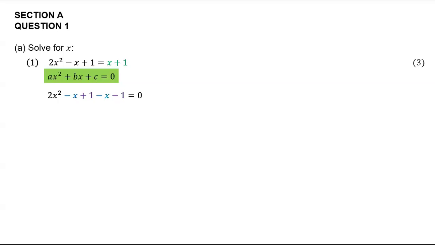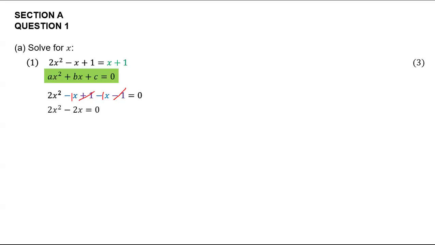You add the coefficients and you keep the variable as it is. So 1 plus 1 will be 2. So we're going to have negative 2x. When it comes to 1 and negative 1, they cross out, not really cross out, but 1 minus 1, guys, is 0. So you will be left with 2x squared minus x is equal to 0.